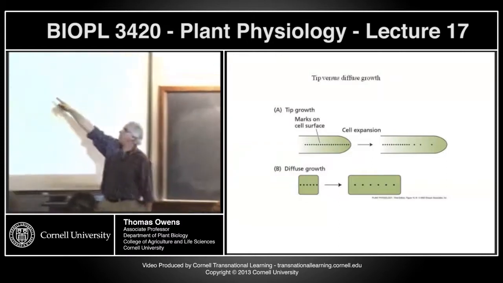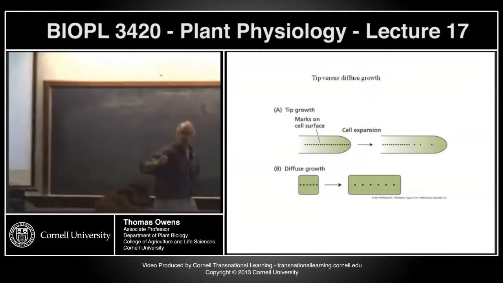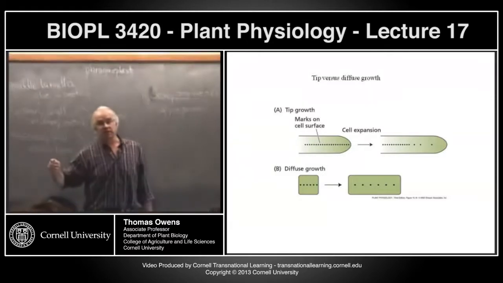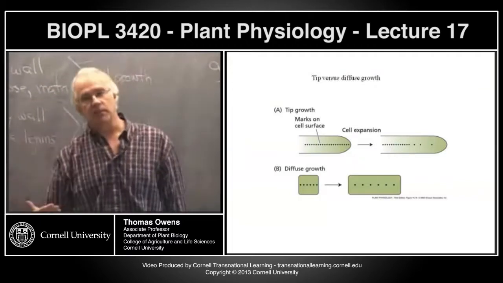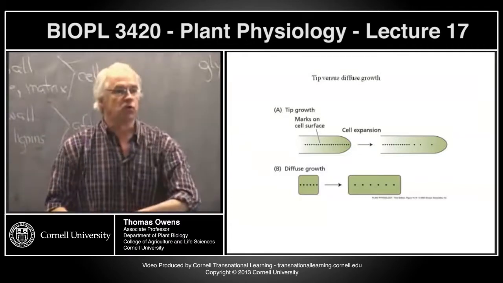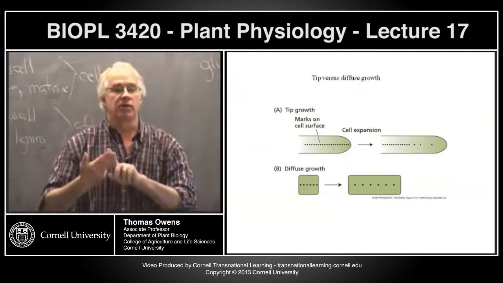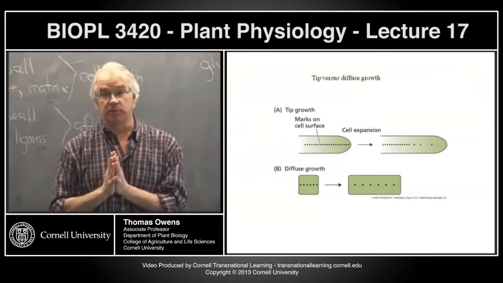If it's tip growth, only the ones at the tip move apart, right? So here we have growth that is localized. So we need to add one more thing to our list to think about. The loosening of the walls, the addition of new wall materials, and whether or not this happens over the whole cell or whether it happens in a particular place.